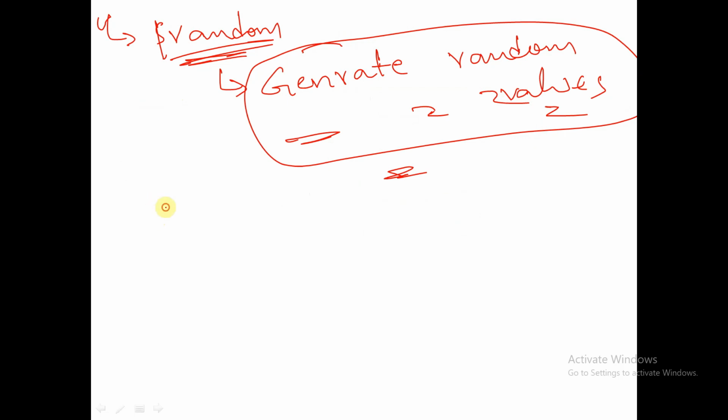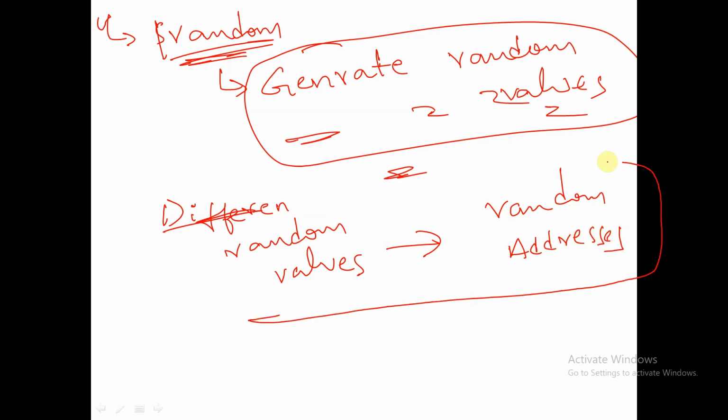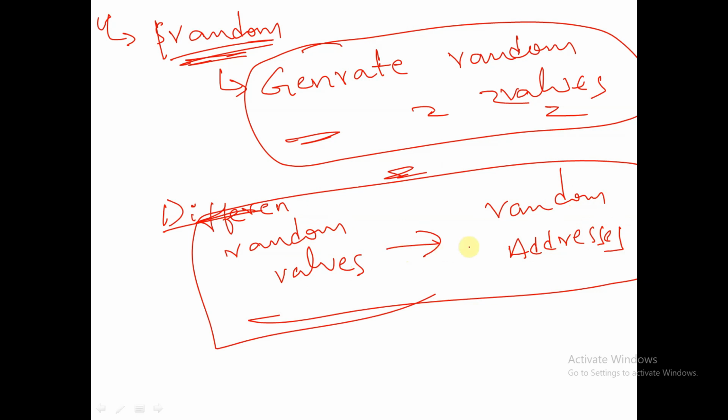So we will use this dollar random keyword, we will generate random values, and we will store them in random addresses. I'm talking still about Verilog only.